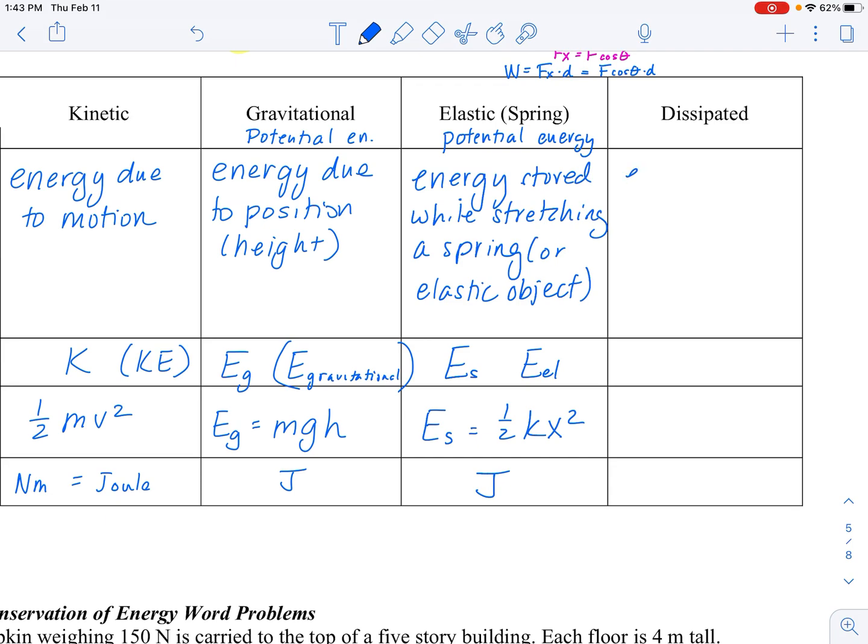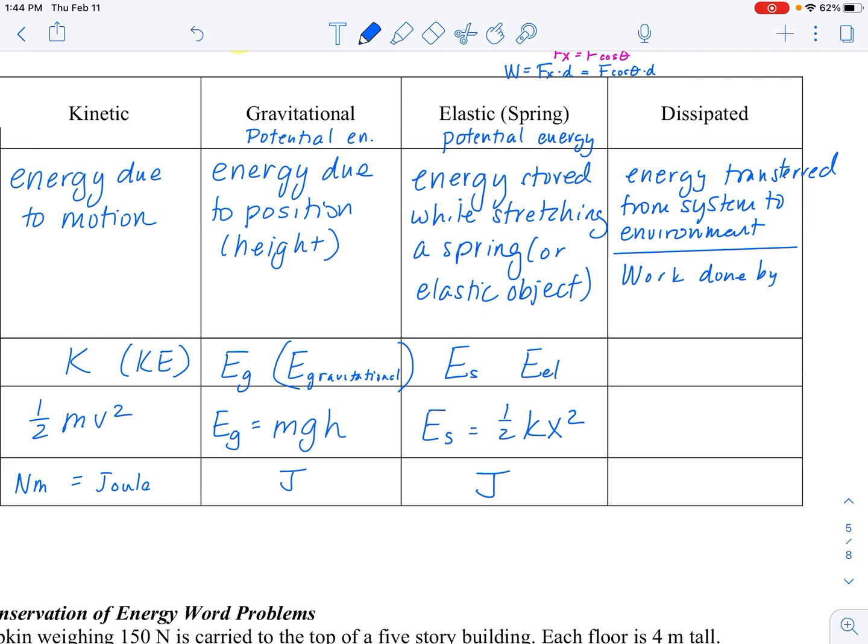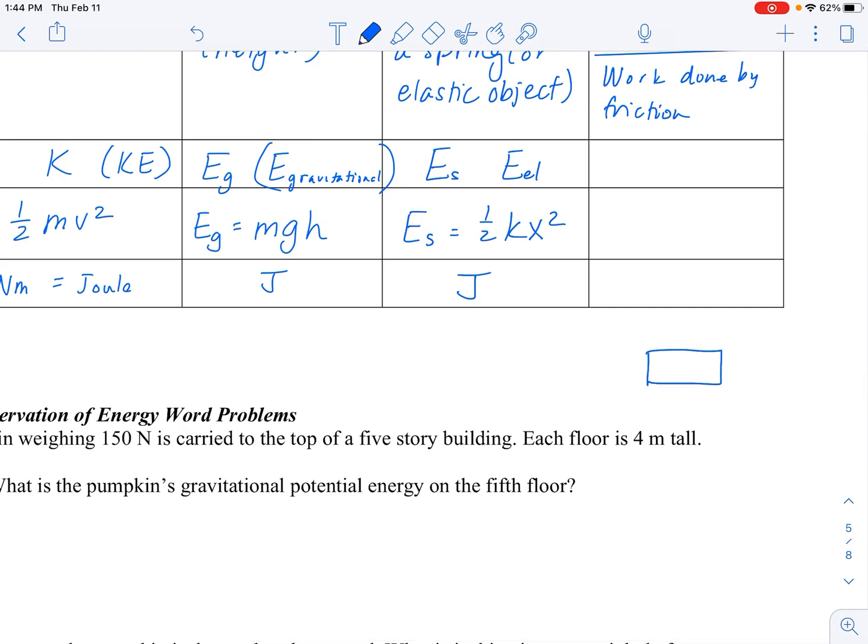Finally, dissipated energy. This is energy transferred from the system to the environment. One type of dissipated energy we're going to see, and there's more than one scenario with dissipated energy, is work done by friction. So if I have a block on a table, let me get my block.